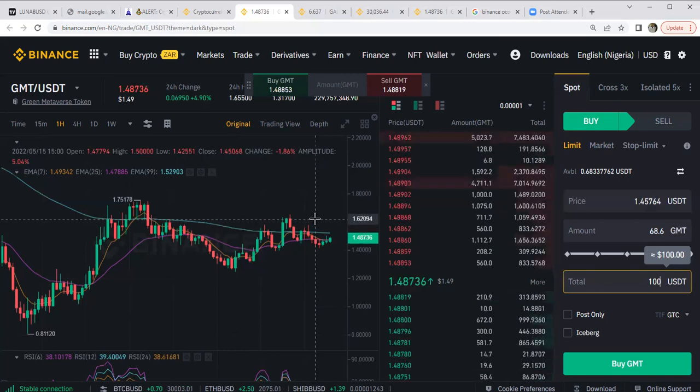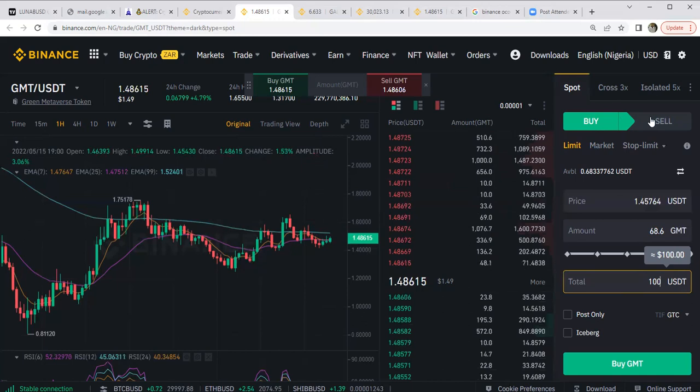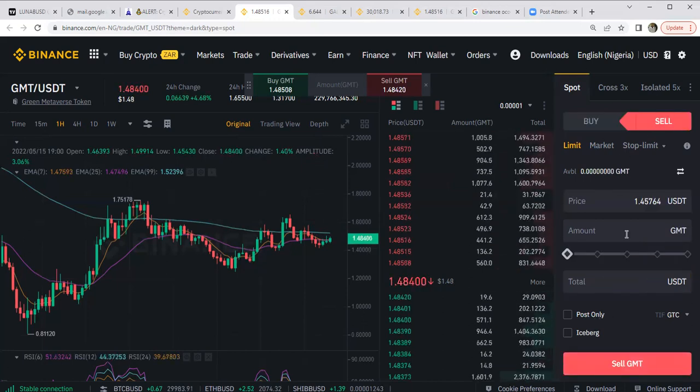So how can you put your stop loss now? After you purchase, you move from buy and click on sell. Then you choose from these options: limit, market and stop limit.